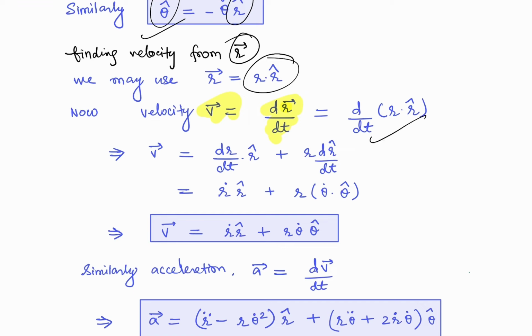When you differentiate, you will get v = r-dot r cap plus r theta-dot theta cap.